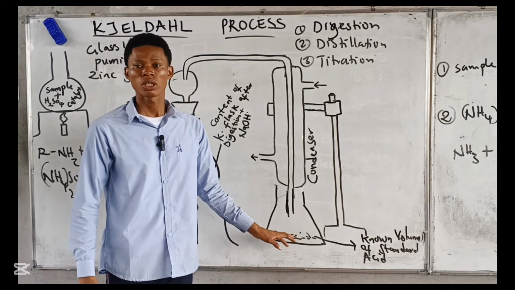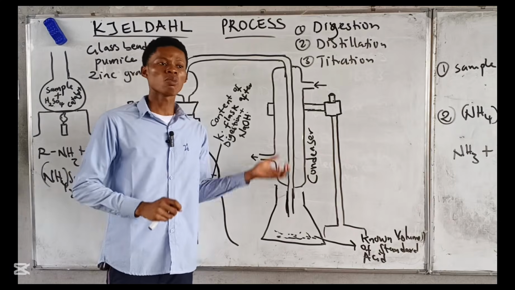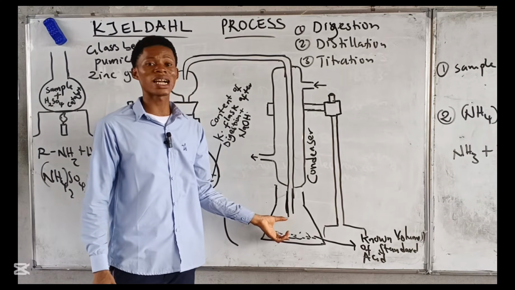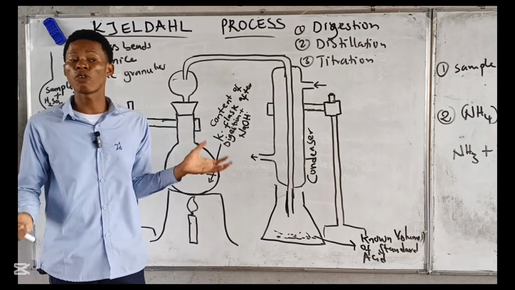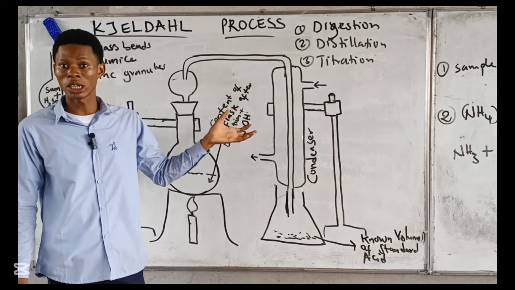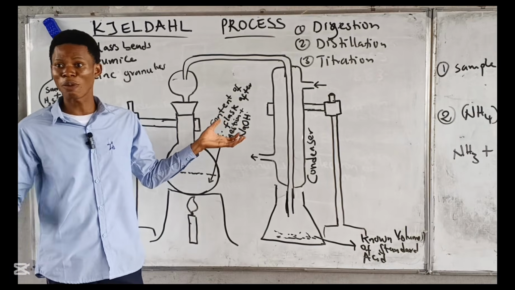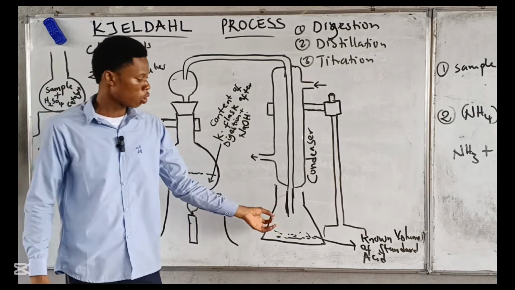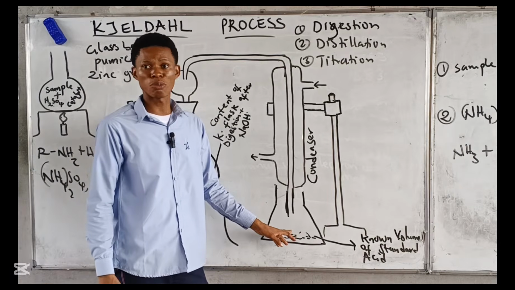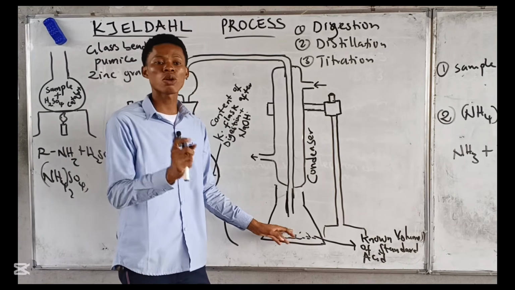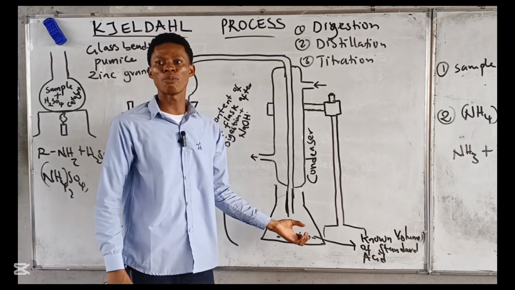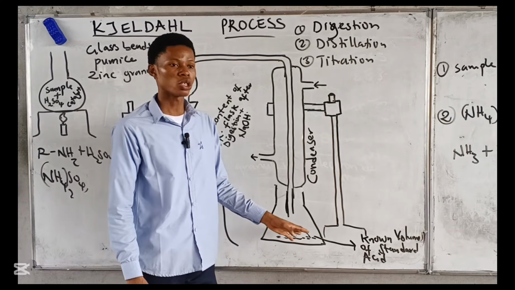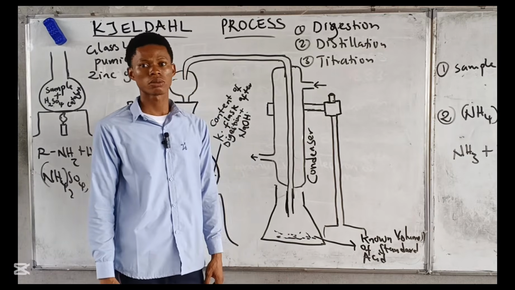All the ammonia will react with the boric acid. We don't know the volume of the ammonia, do we? We don't know the volume of the ammonia, but we know the volume of the boric acid here. So the ammonia will react with some of the boric acid to form ammonium borate. Then we still have excess boric acid.